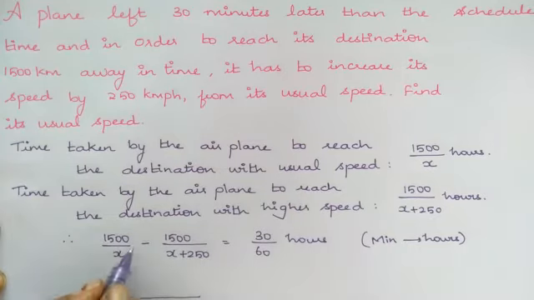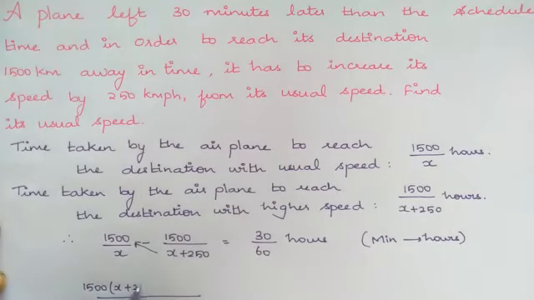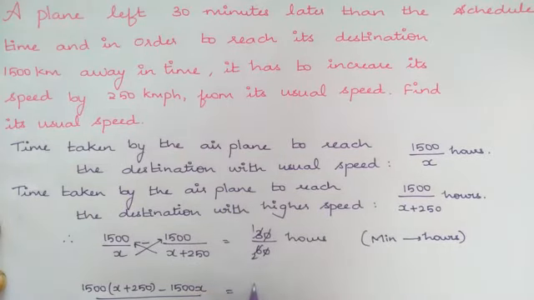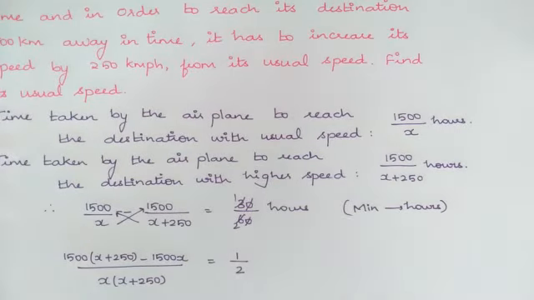What happens here? x plus 250 is multiplied on this side, numerator x plus 250. Now x to the opposite side, numerator 1500x. This is equal to 1 by 2. Hope you are able to see it now.